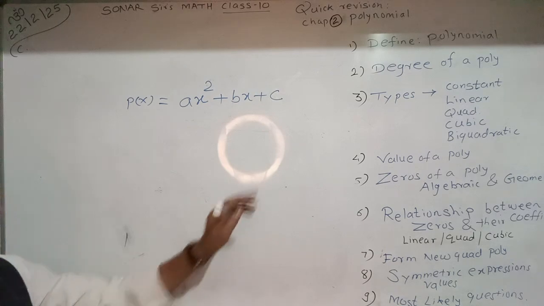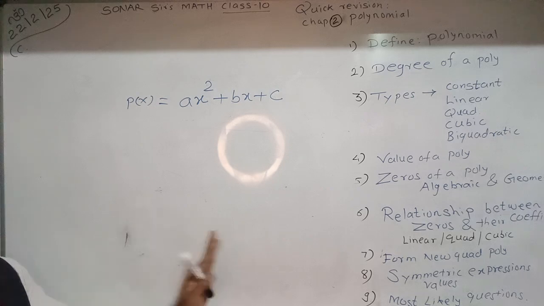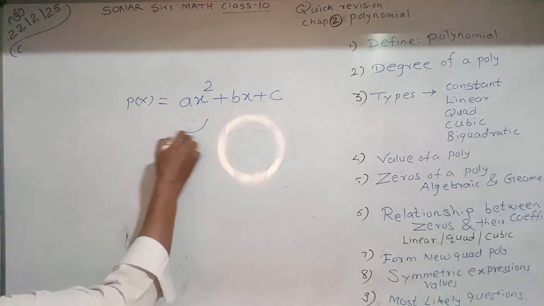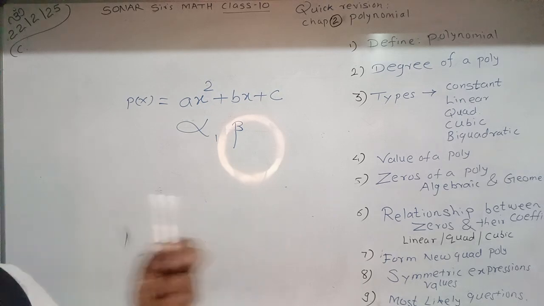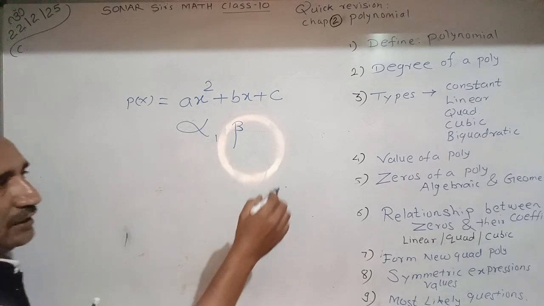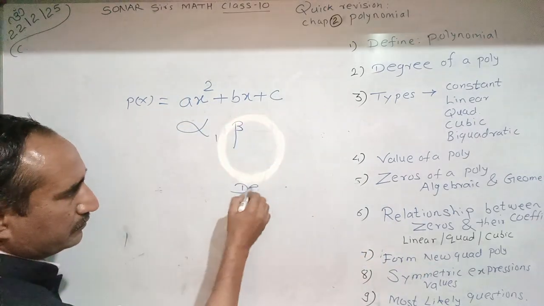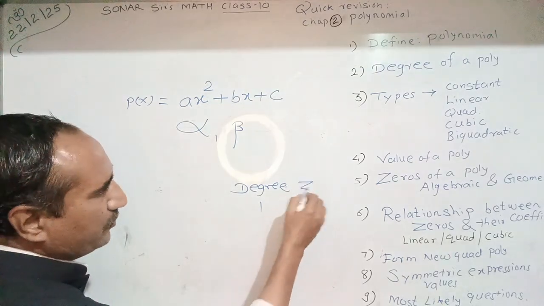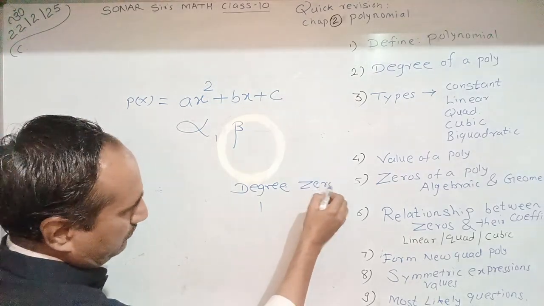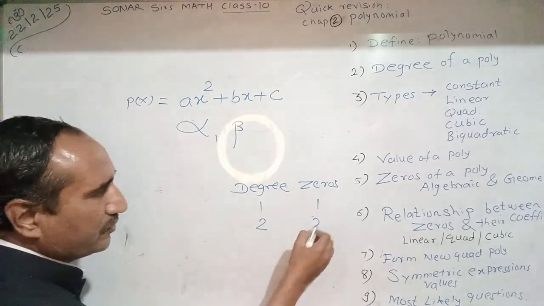Now we just learned how to find the zeros. So when we don't know the zeros, we assume them alpha, beta. Now one more important trick is there. If the degree of the polynomial is 1, then zeros are also 1. If the degree is 2, zeros are 2.